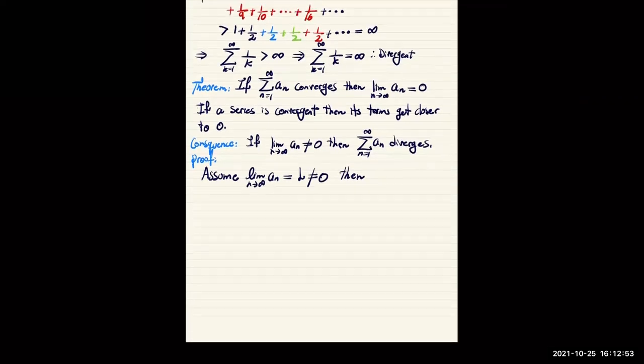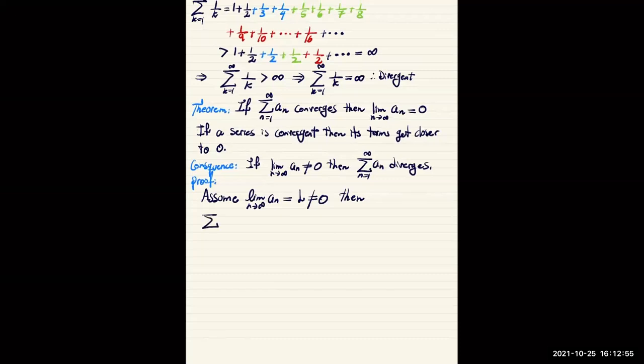Then if you look at the series, n goes from 1 to infinity of a sub n, this will be approximately equal to a1 plus a2 plus a3. If this goes long enough, every term is going to get closer and closer to L. So you have L plus L forever.